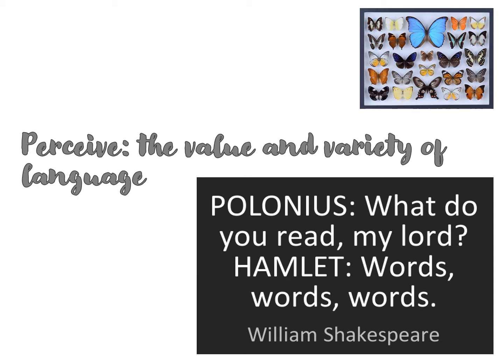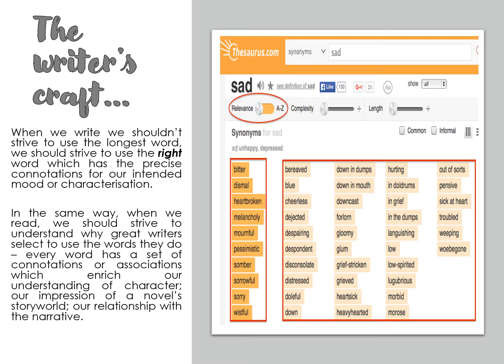So I want to get to grips with that, and I'm going to show you in a second one example of how language has more variety than perhaps you might initially expect. Right, this is something I feel quite passionately about, so I'm just going to read this off the screen for you. When we write, we shouldn't strive to use the longest word.